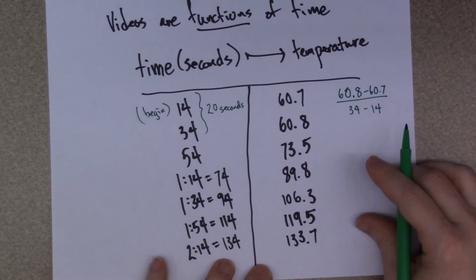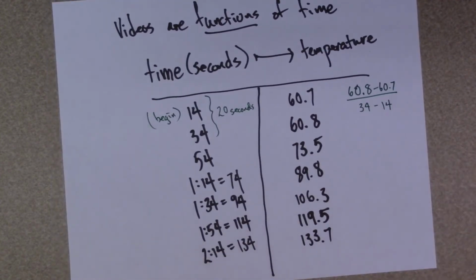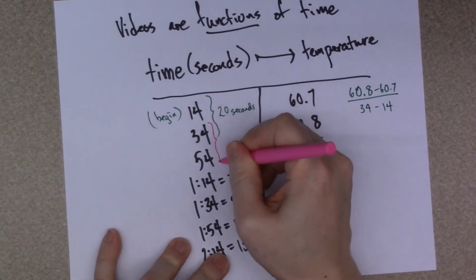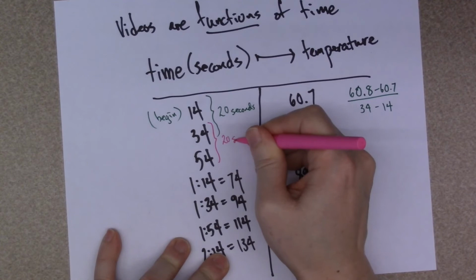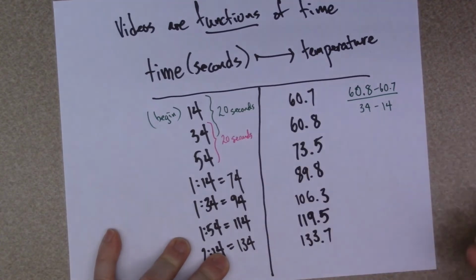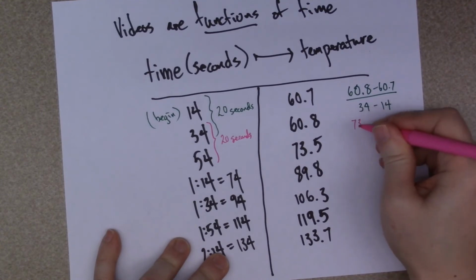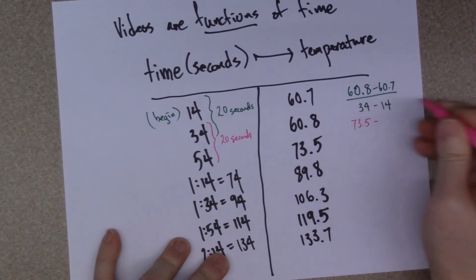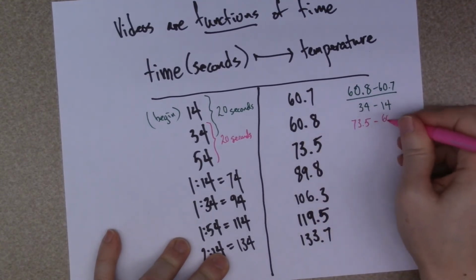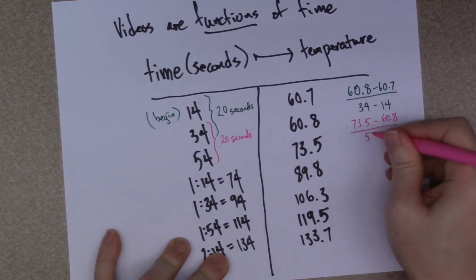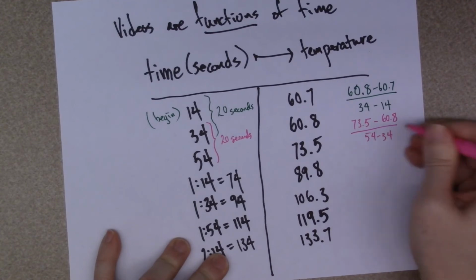And so, similarly, I can look at the next interval of time, which is another 20 seconds. And over that interval of time, it ended up at 73.5 degrees, starting at 60.8. And again, that's 54 minus 34.